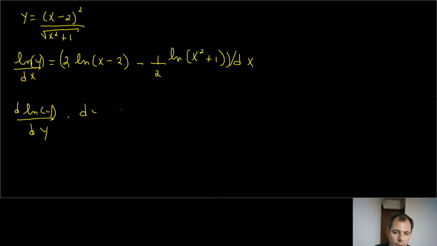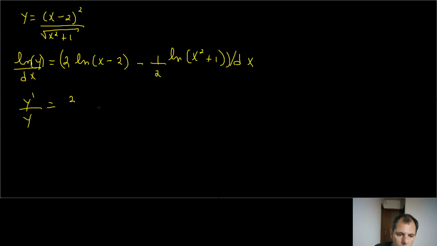And dy dx is just equal to y prime. So this is going to be 1 over y times y prime. I'm just going to put y prime over y equals, and then just do this in here.